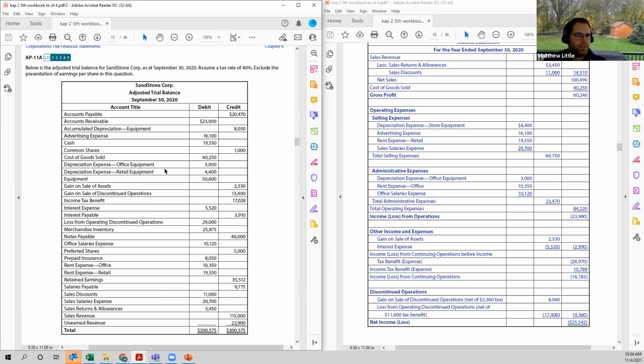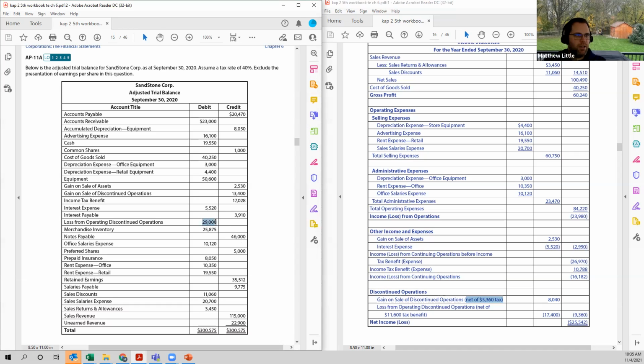And then do we have any discontinued operations? We actually have a gain on sale of discontinued operations here of 13,400, but we need to net that of tax, recovery of 40%. So we take 60% of that, which gives us 8,040. And we disclose what the tax is here. We also have a loss from operating discontinued operations, and net of tax is 17,400.